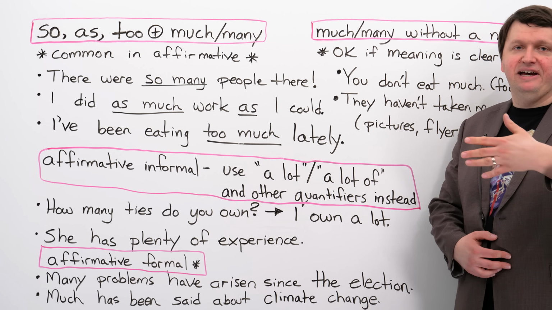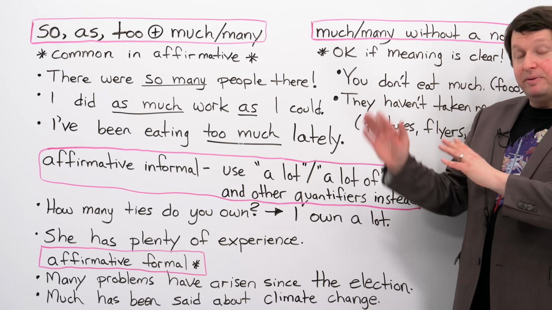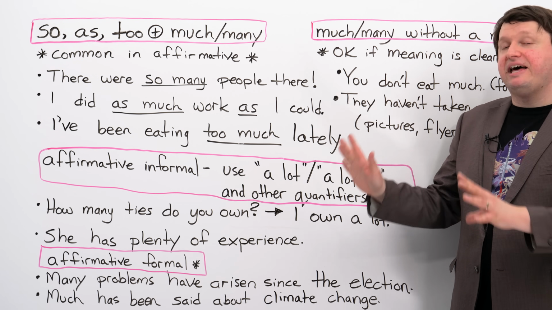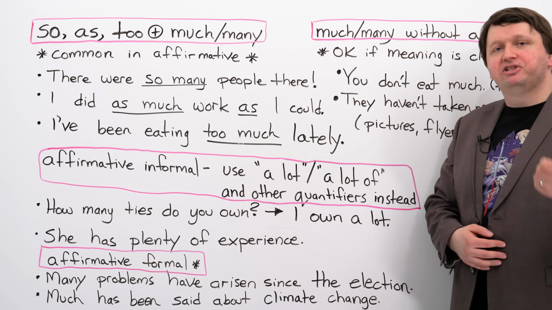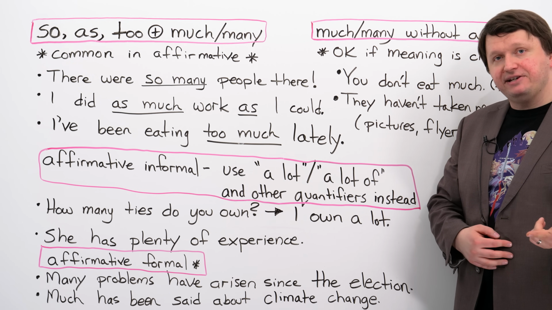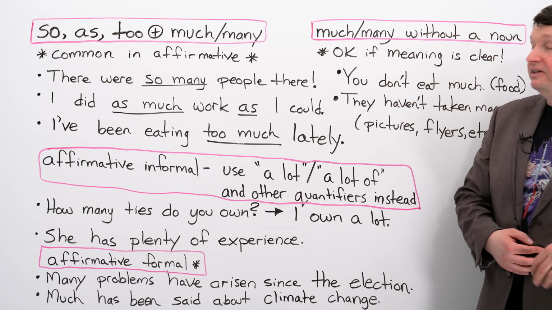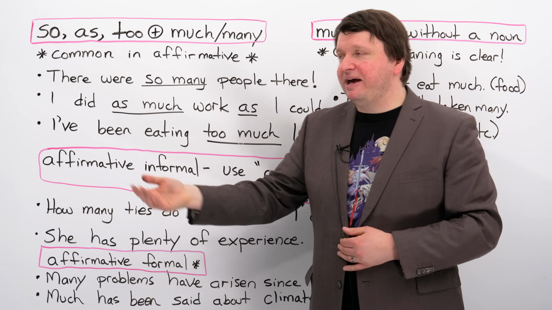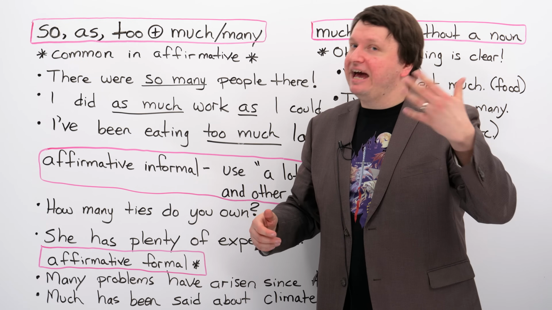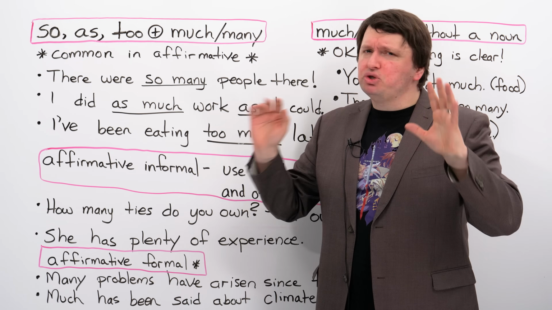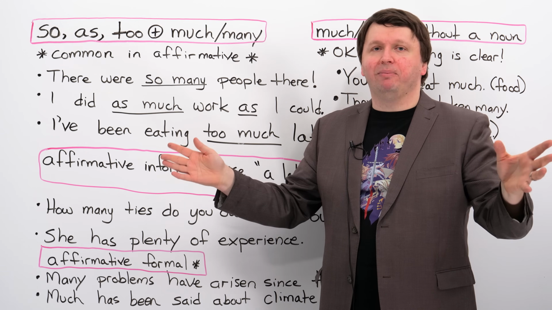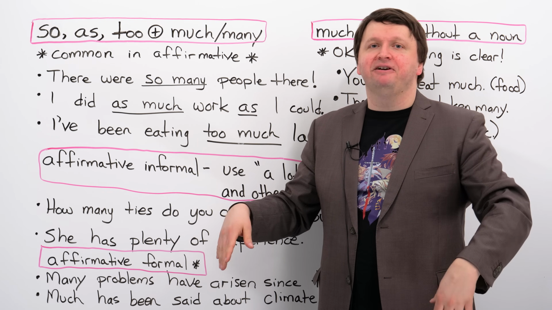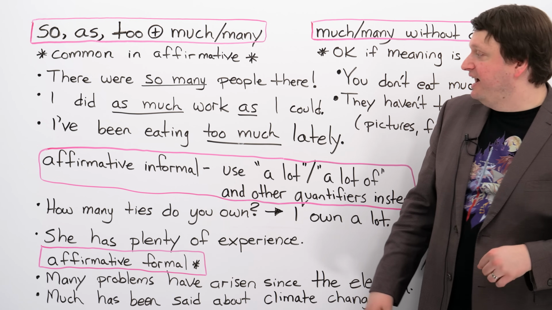So if you want to use much and many in this way, you can reserve it for an essay. And just know, the purpose of this board really is to let you know you can use much and many in affirmative contexts. You just need to be careful. If you want to be safe, use so much, so many, no problem. As much, as many, no problem. Too much, too many, no problem. Informal, affirmative, a-okay.